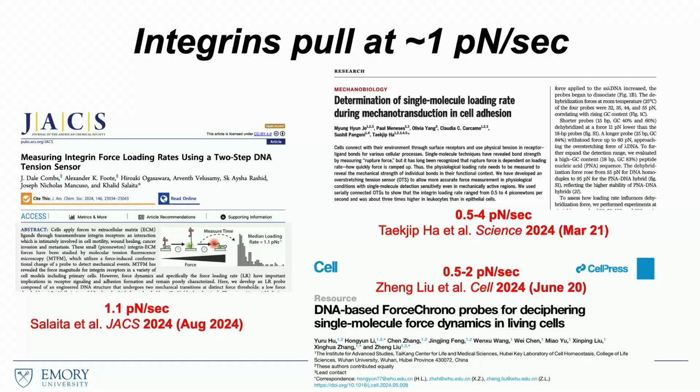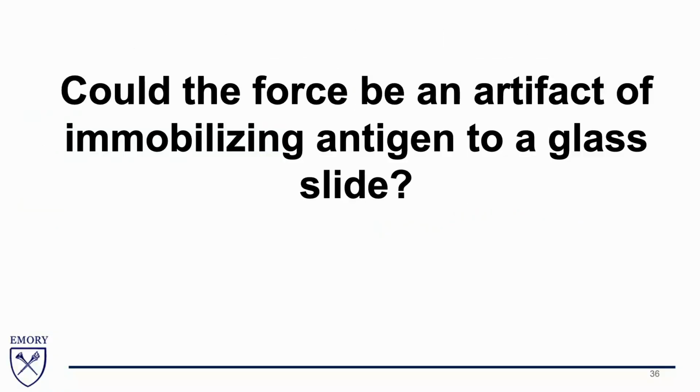And then my former postdoc, Zheng Liu, who has a lab at Wuhan now, also did the same measurement, and they report a 0.5 to 2 piconewton per second loading rate, again using integrins in fibroblasts. So this seems to be a universal feature of living cells, that they tend to generate forces at these time scales within active focal adhesions. Okay, so this is, I think, something that's developing in the field.